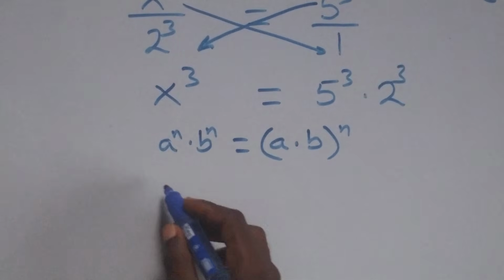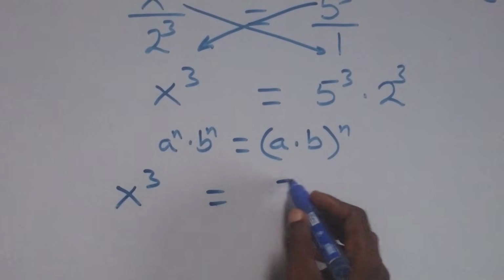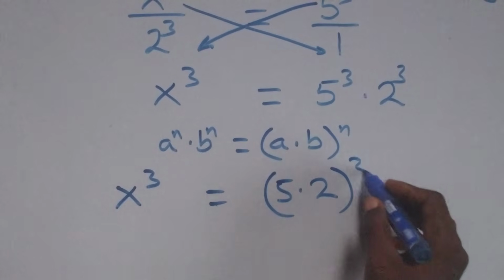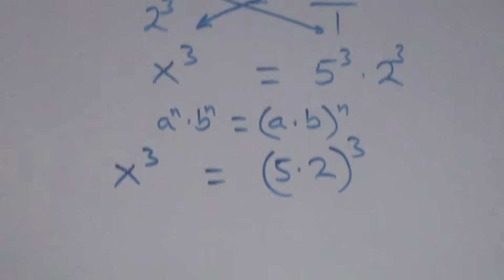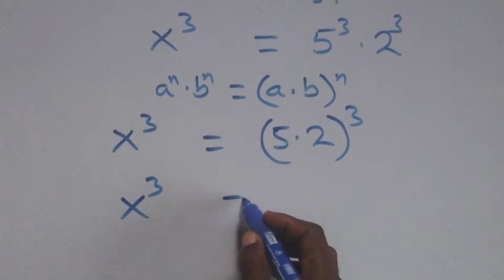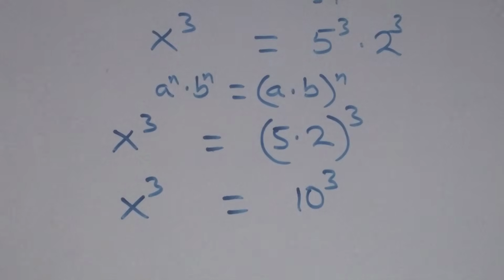So we can write it as x raised to power 3 equals (5 times 2) raised to power 3, which implies x raised to power 3 equals 5 times 2, that's 10, raised to power 3 now.